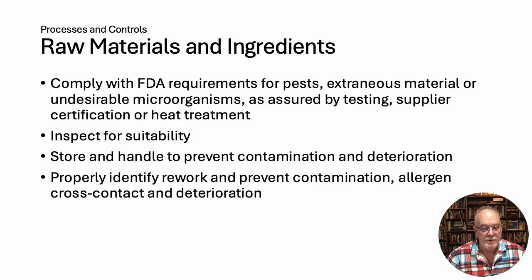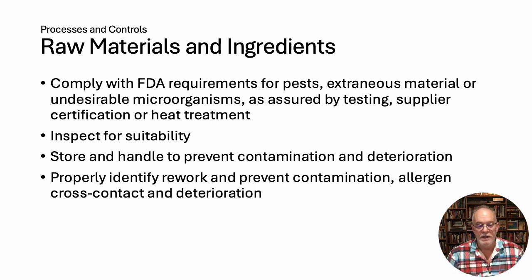So let's go down that rabbit hole a little bit more. Processes and controls, first area: raw materials and ingredients. We want to make sure that the materials and ingredients that come in are suitable for food. They're safe, they're sanitary. Well, it means we're putting a burden on our supplier. That means we're putting standards on our supplier. We're making sure our suppliers are meeting these FDA regulations.